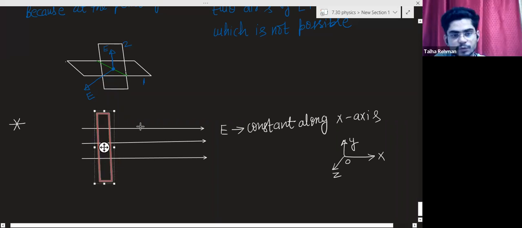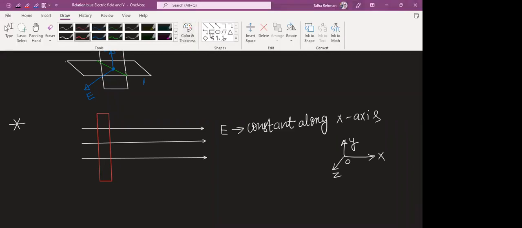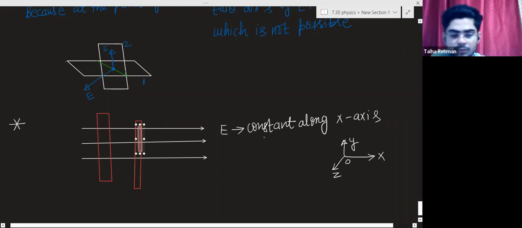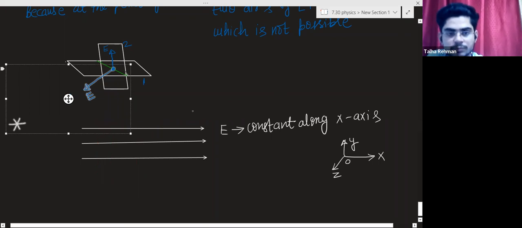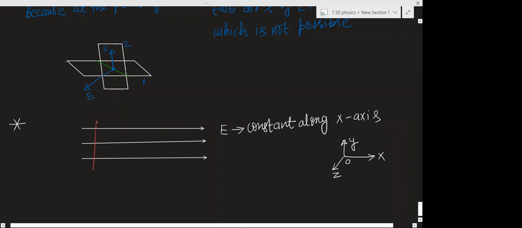This is one equipotential surface. This is another. Okay, no problem. We can make ourselves.